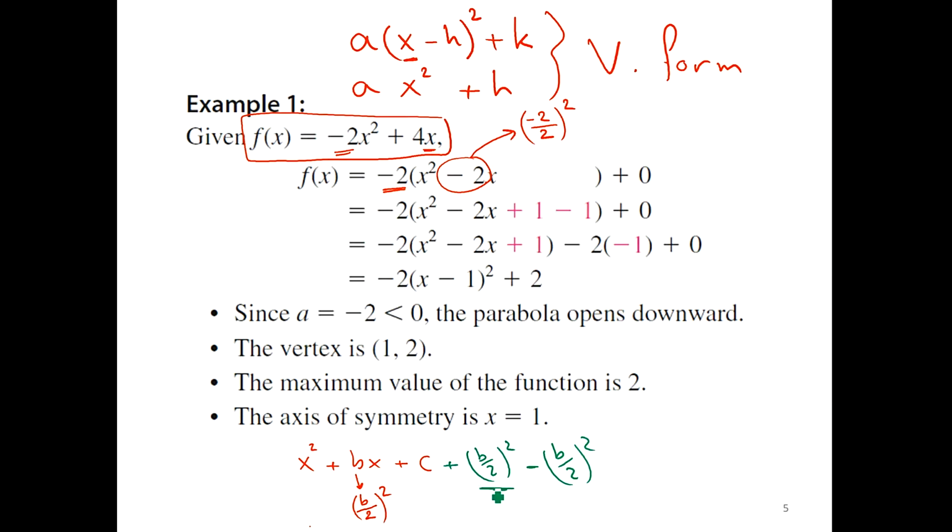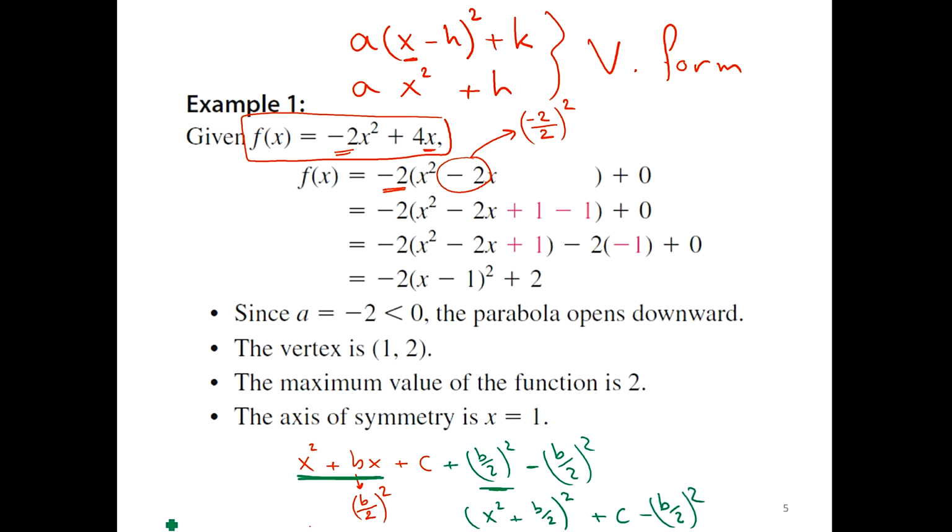Take this one with this one, 2 terms, we have 3 terms. This is the complete square. So we can put it as x plus b over 2 all square plus c minus b over 2 all square, like this.